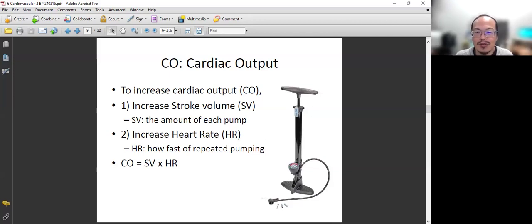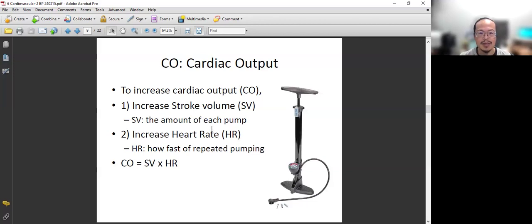When you try to air a tire, for example, and you want to increase the amount of air pumped out, you have two options. One is that each time you pump a larger amount. Or you can just do it faster. So you can have a small amount but faster, or a larger amount even faster. These two factors influence how much air gets pumped out, and the same applies to the heart.